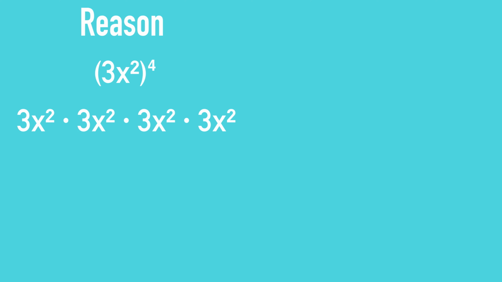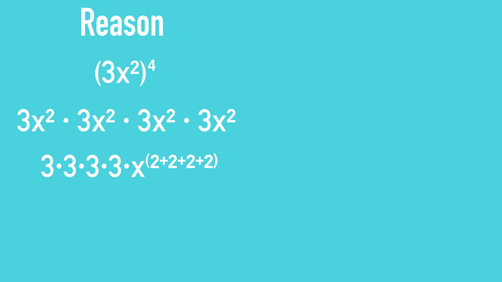Let's look at what happens when we raise a power to a power. If I have 3x squared to the fourth, it can be rewritten as 3x squared times 3x squared times 3x squared times 3x squared. By our multiplication rule, we know that this equals 3 times 3 times 3 times 3 times x to the 2 plus 2 plus 2 plus 2 power.